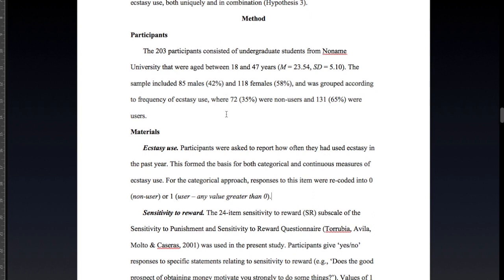So I talk about a brief thing on participants, and I make sure I state that their ages were between this and that and that they were from this particular university. I talk about the ages, and I give the means and standard deviations, and you'll notice that the M and the SD are in italics. And I also break it down in terms of males and females, and also grouped according to frequency of ecstasy use, where 72 were non-users and 135 were users.